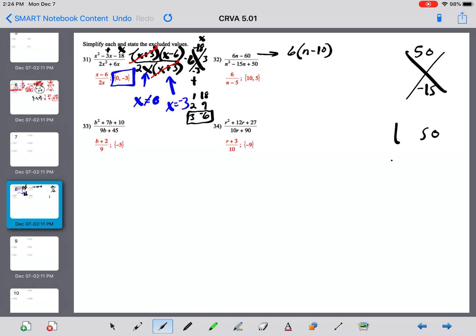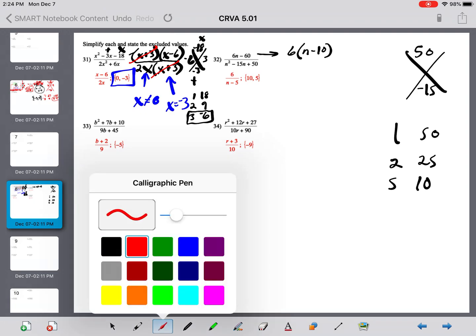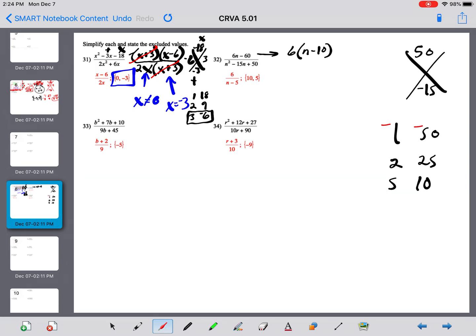Sometimes these get people a little stuck because it's multiplying to a positive number, positive 50. Either both numbers need to be positive or both need to be negative, like the numbers in each column. So it's going to look like this, because we're trying to add to a negative 15.